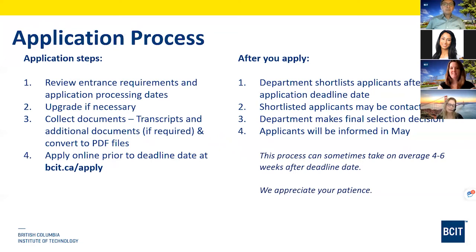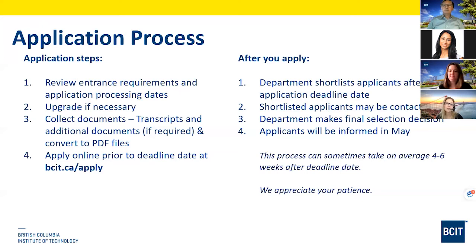If this is the case, I recommend that you connect with program advising, because we can talk to you about upgrading options, and we can also talk to you about the profile of an accepted applicant to this program or a competitive applicant to this program. Next, you'll need to gather your necessary documents and scan them into a PDF, then upload the PDFs to your application. It's very simple. We walk you through the process as you're applying.